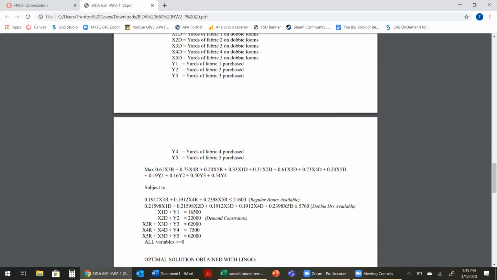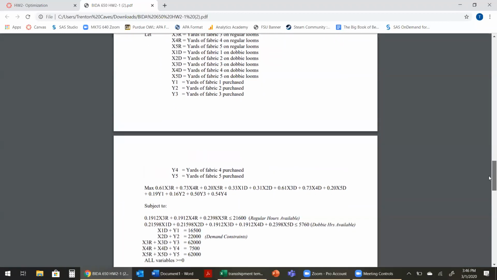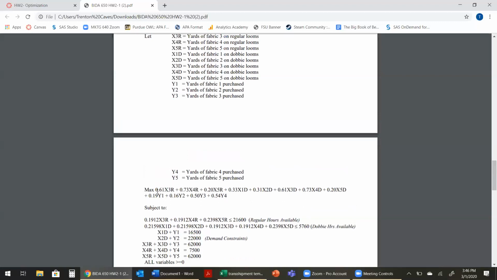So 0.61 x 3R corresponds to 61% profit for fabric produced on regular looms for fabric 3. So it's maximizing a profit per item.